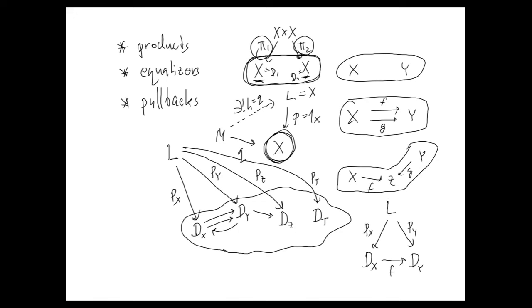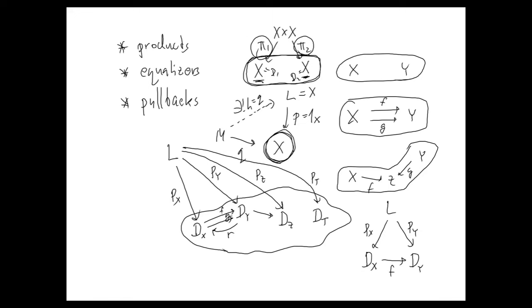So going to dx and then composing that with f must equal going directly from L to dy. So in this specific case, if these are morphisms f and g, px composed with f as well as composed with g must be equal to py. And if this was morphism r, then r composed with py must equal px, and so on.